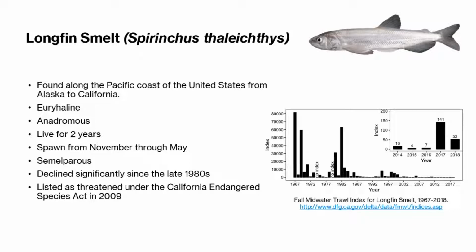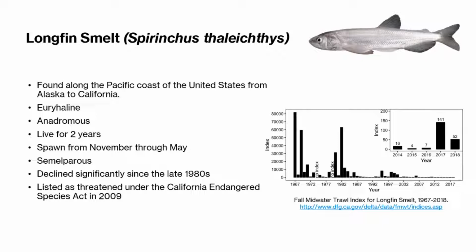The Longfin Smelt is a small fish in the family Osmeridae found along the Pacific coast of the United States from Alaska to California. In California, Longfin Smelt is historically found in the San Francisco estuary and the Sacramento-San Joaquin Delta, also called Bay Delta, the Humboldt Bay, and the estuaries of the Eel River and Klamath River.